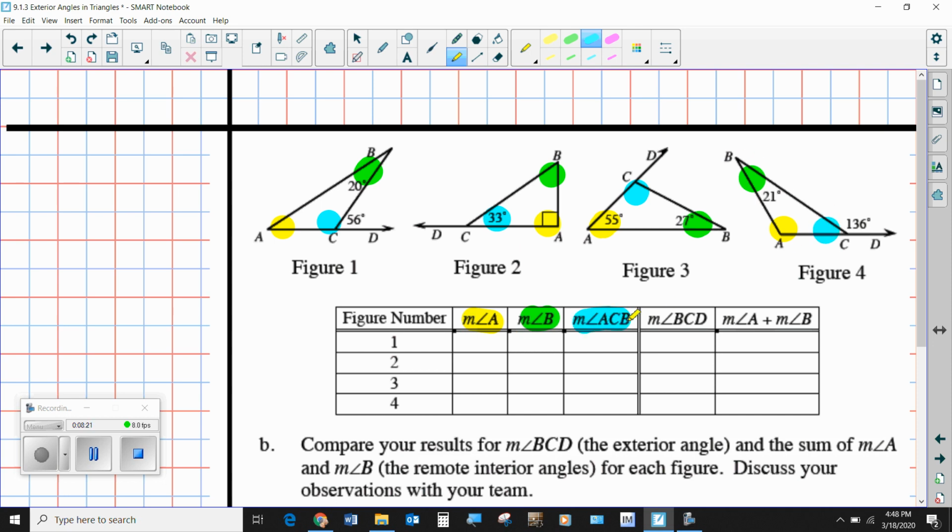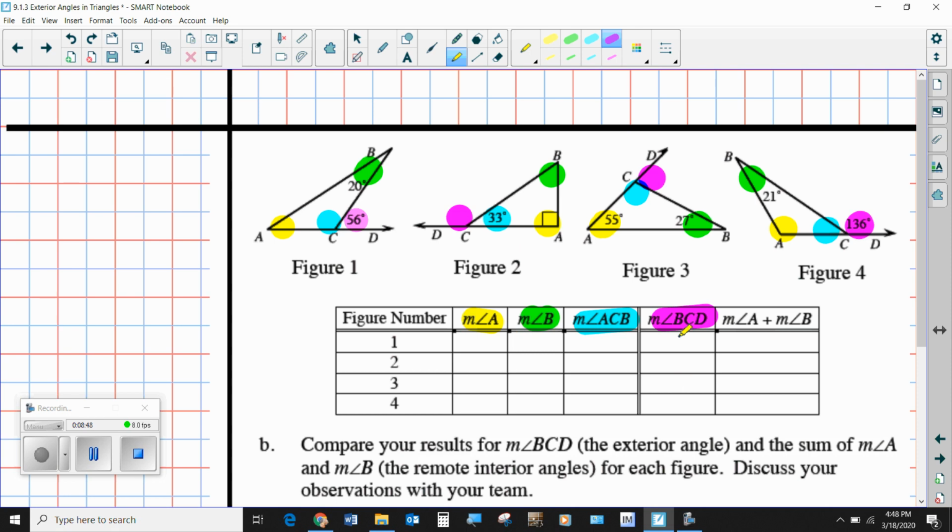So all the interior angles for angle C get written in here. And of course, the ones that you don't know, leave them blank for now. And then for angle BCD, that's going to be the exterior angle for each one of these. BCD is this one. BCD is this one, and BCD is this one.